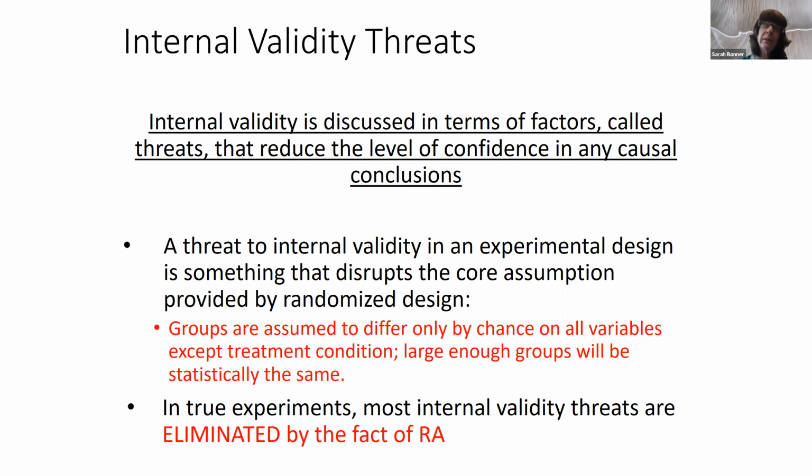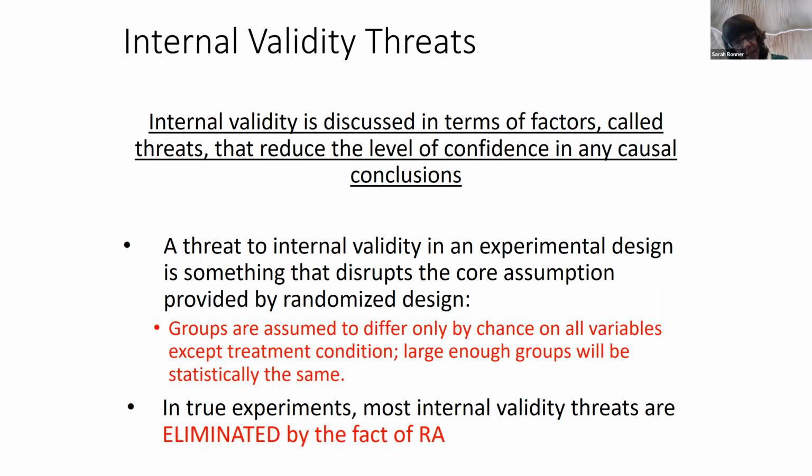And we talk about things that can interfere with the conclusion from an effect to a cause as threats. These are things that can reduce your confidence in your causal claim. There are other things that could account for causation.